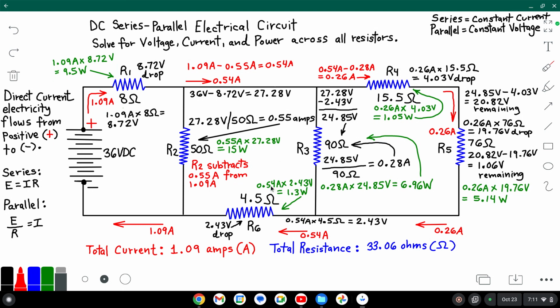R6, 0.54 amps times a voltage drop of 2.43 volts. So R6 has 1.3 watts.